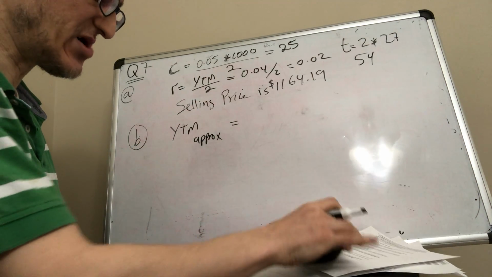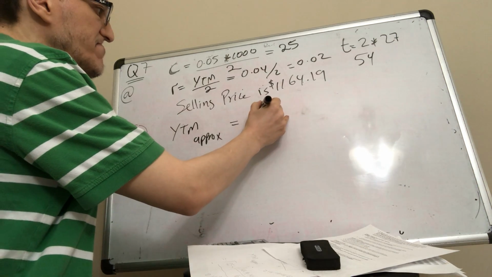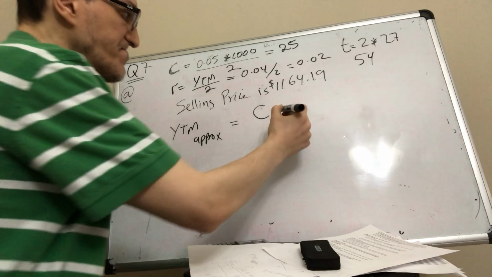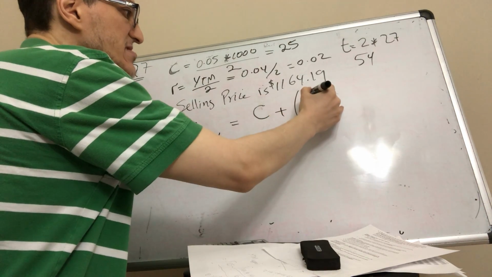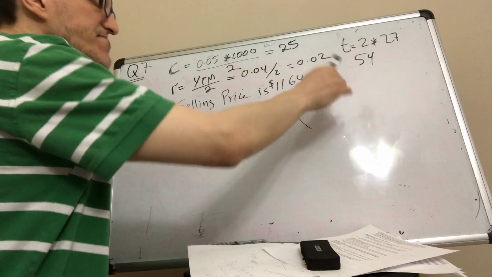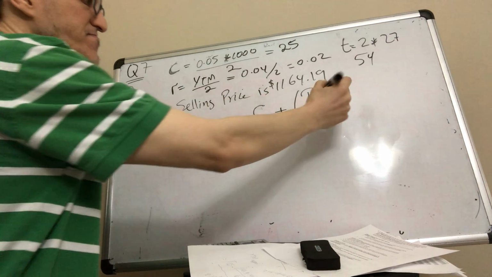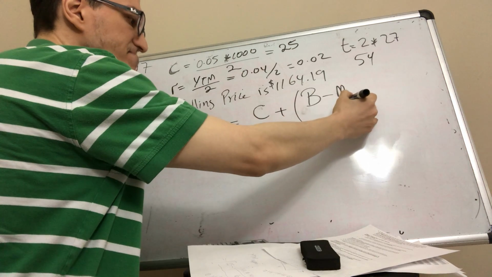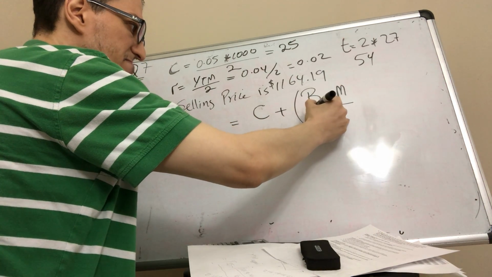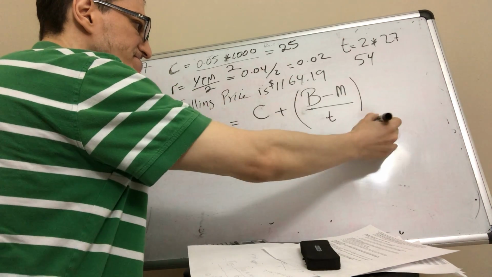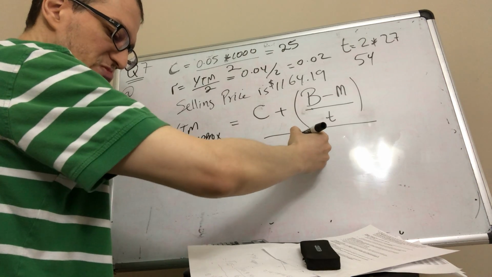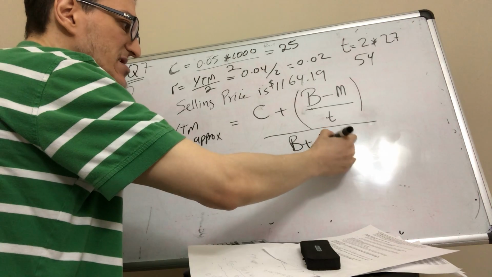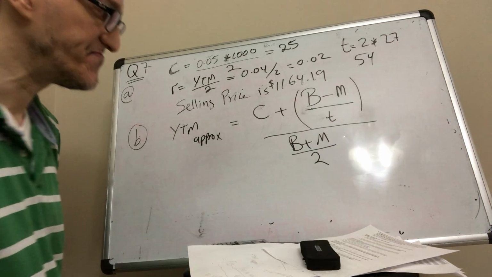And the formula for YTM approximate would be the coupon rate, the selling price, minus the market price over T, and here would be price plus market over 2.